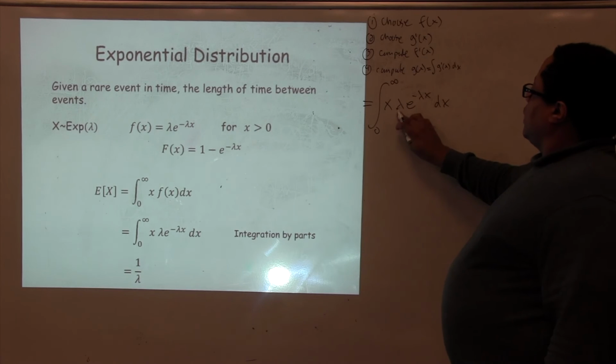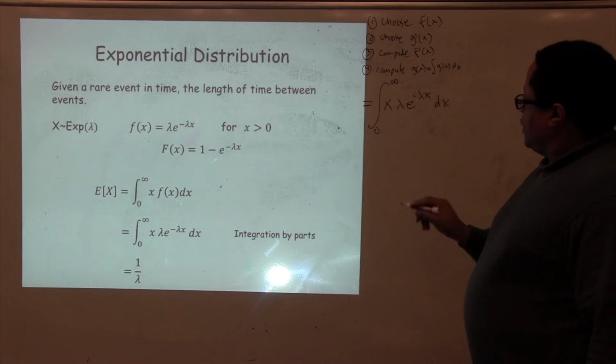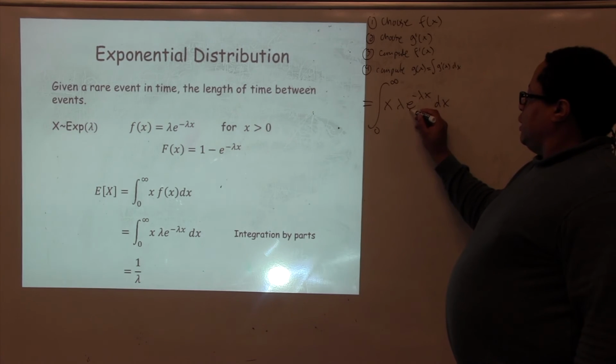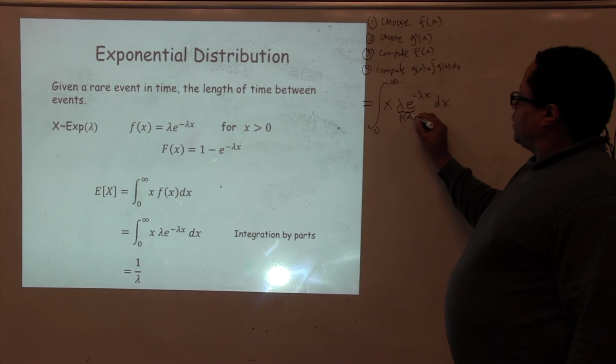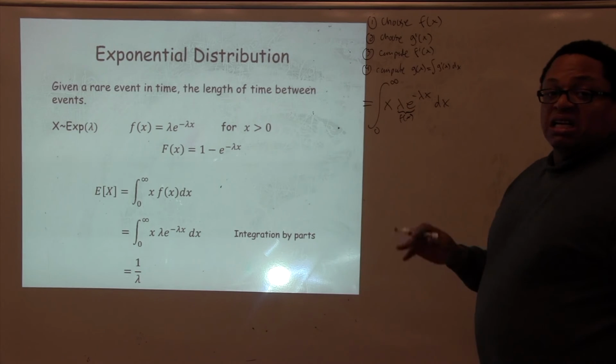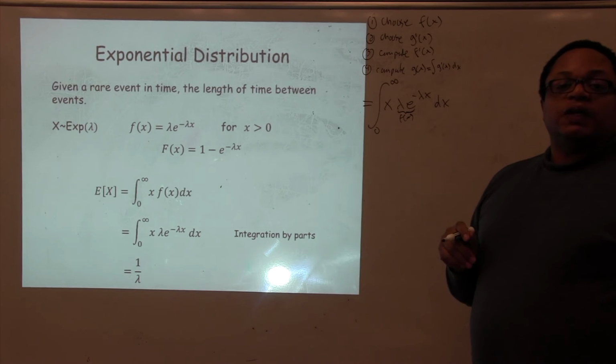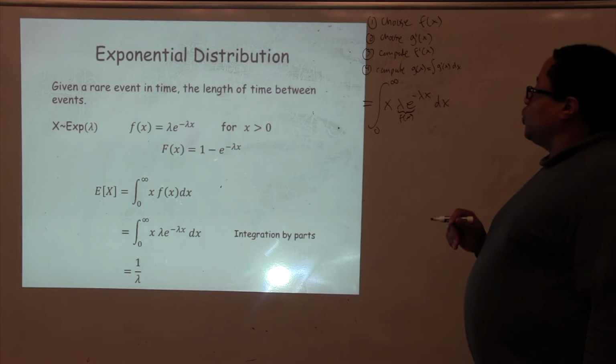So if I chose the e to the minus lambda x as my f of x, and I take the derivative, that's not going to make it any simpler, right? So that's the wrong choice.